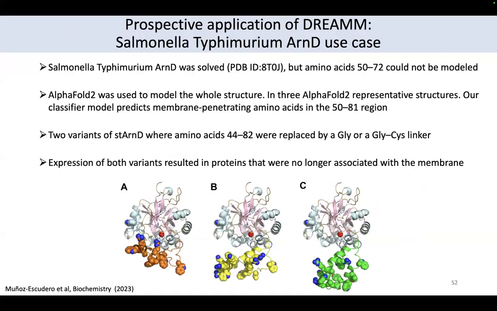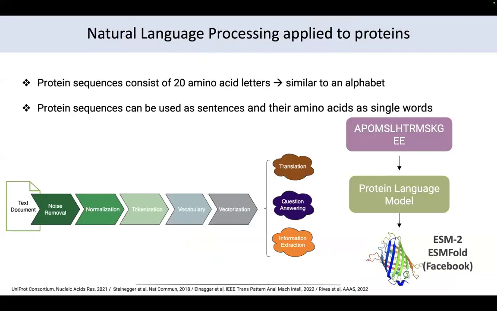In another case, variants were produced and expressed after a DREAM calculation and prediction, and the mutants that were produced were no longer associated with the membrane, validating our algorithm.